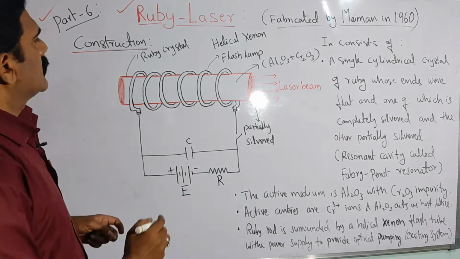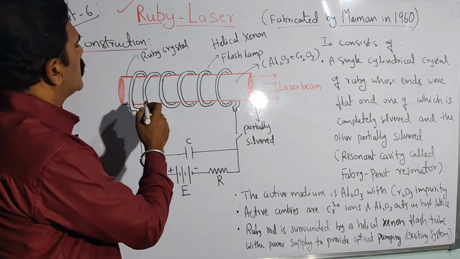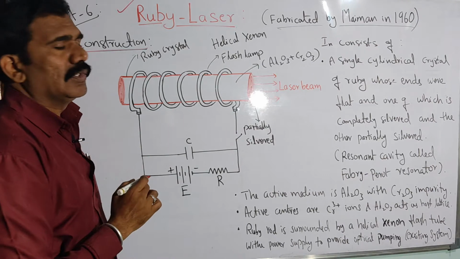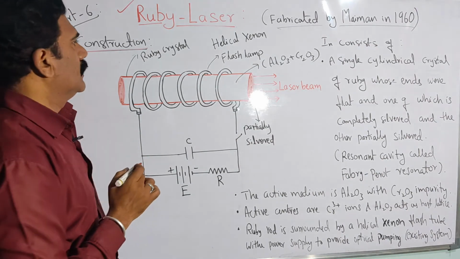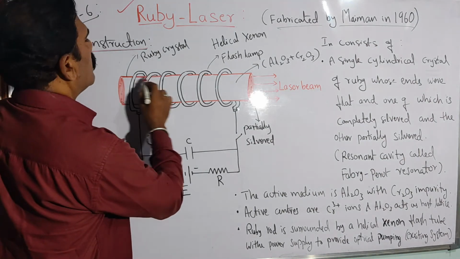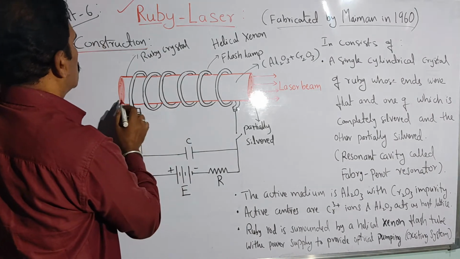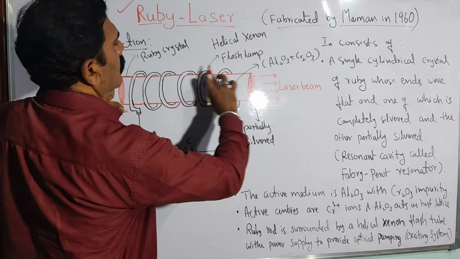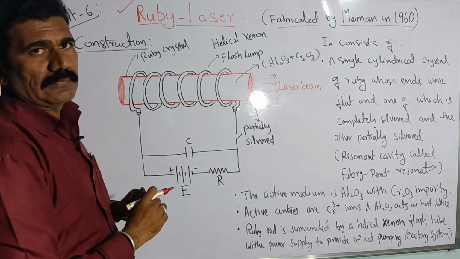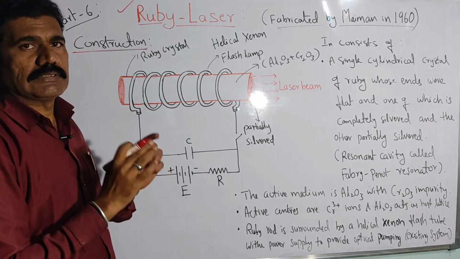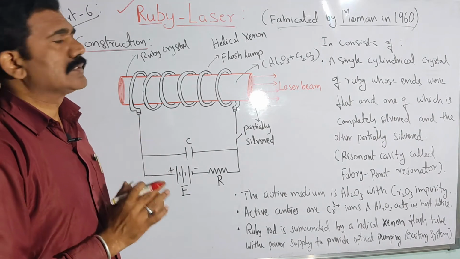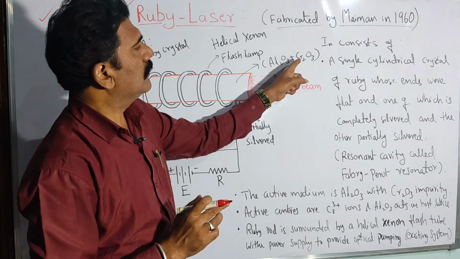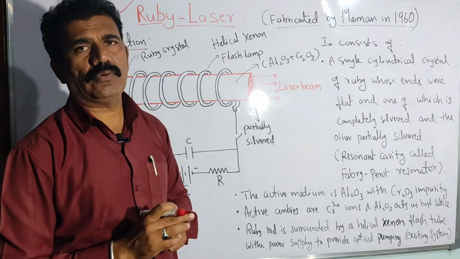In the ruby laser, first of all you should have a ruby crystal, taken in a cylindrical shape like this. Ruby crystal is a compound consisting of Al2O3 plus Cr2O3. What do you mean by that?